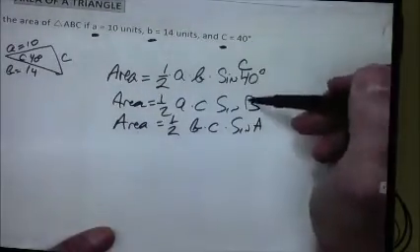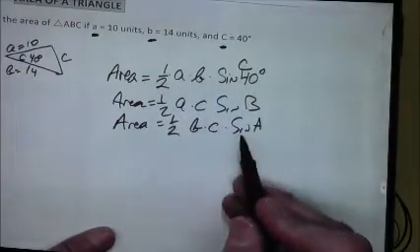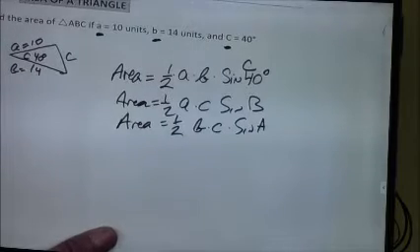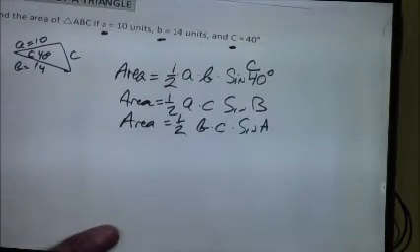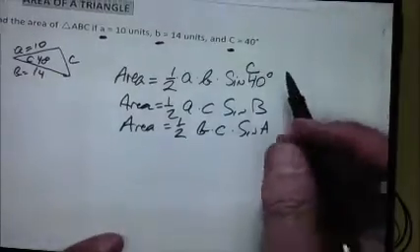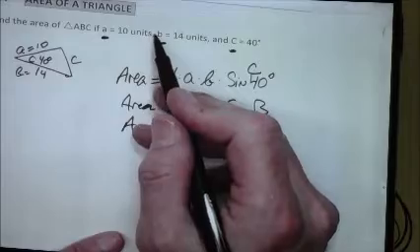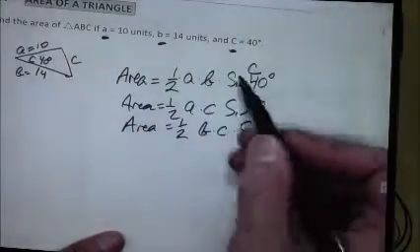If you have an angle, you have the other two sides. This angle, the other two sides. This angle, the other two sides. Remembering that, the formula is pretty easy. So that's what I want you to do. I want you to think about the pattern of this. So if I had given you C and B and angle A, you'd be looking at this one, but it would still be the same idea.